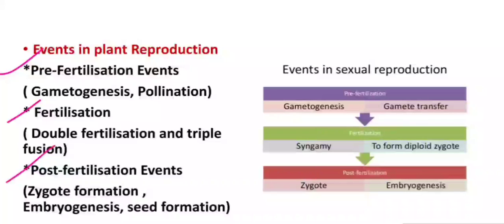Now, fertilization events. Fertilization events include the fusion of male and female gametes, and this includes two processes, double fertilization and triple fusion. Whereas post-fertilization events involve zygote formation, embryogenesis and seed formation.